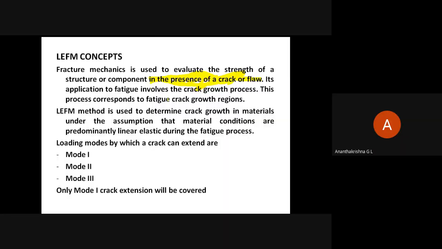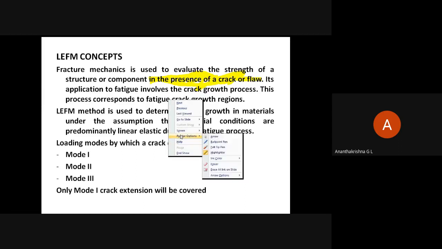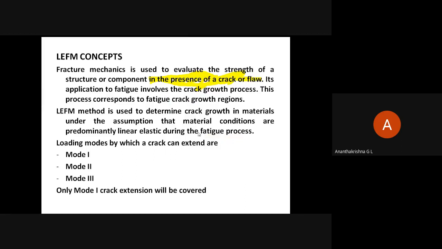Its application to fatigue involves the crack growth process, and this process corresponds to the fatigue crack growth regions.